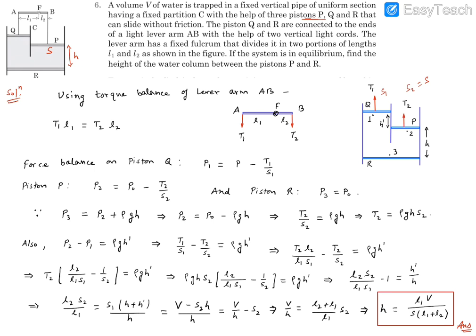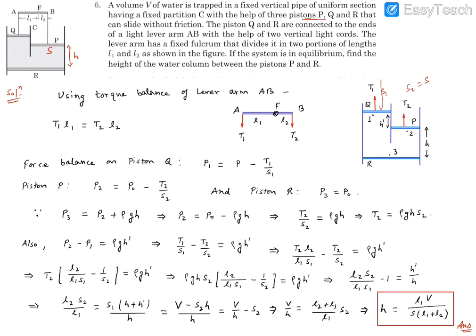Now we need to make a lot more equations for these different pistons, so one by one we will go. Force balance for piston Q. Since this is light, gravity force will not be there. Let's say this point has a pressure P1. The tension force must be balancing the pressure forces.